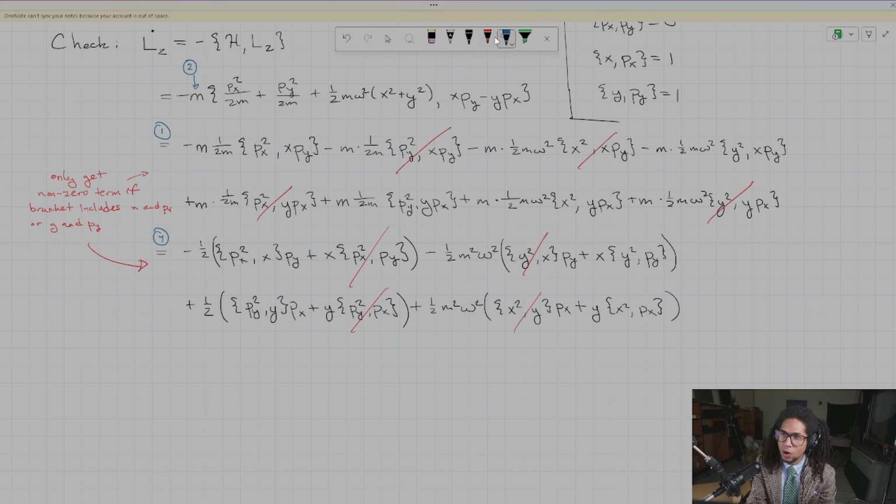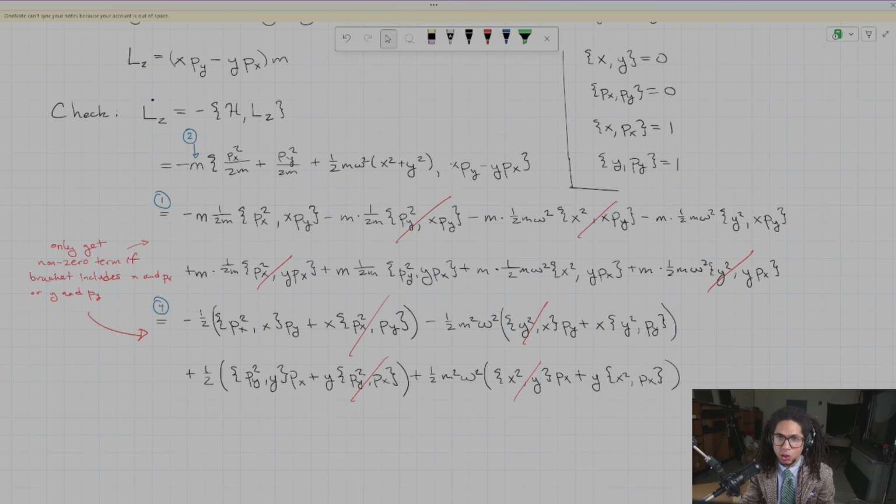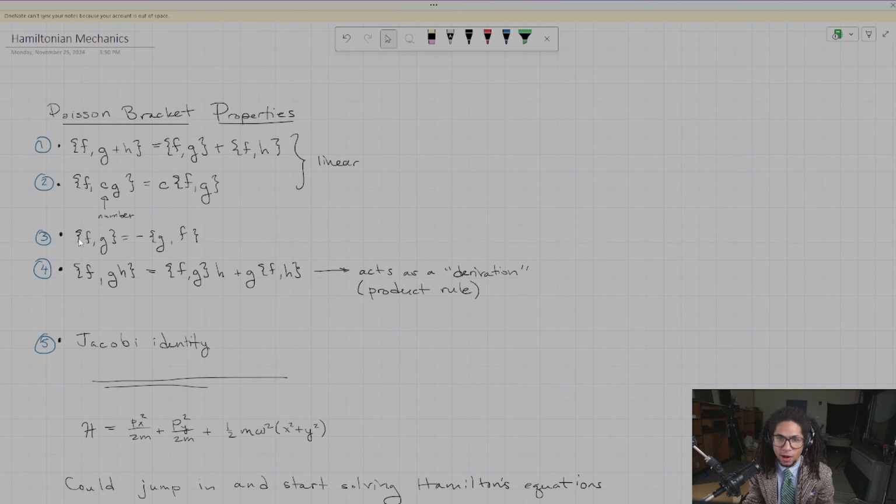Now, I need to do one more thing, which is I need to combine 2 of the rules here. If I combine both rule 3 and rule 4, I get a sort of extra rule, so 3 plus 4, which is that if I have GH bracket F, I can say this is minus F bracket GH. Then I can split it as I would by rule 4.